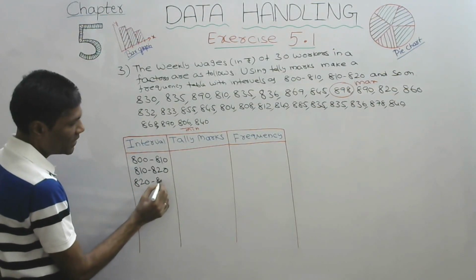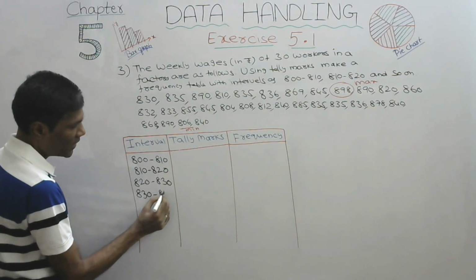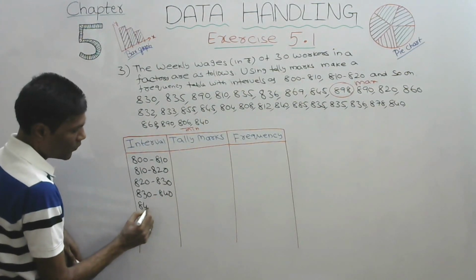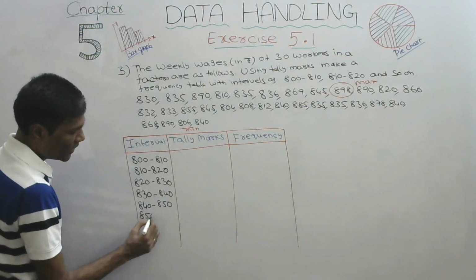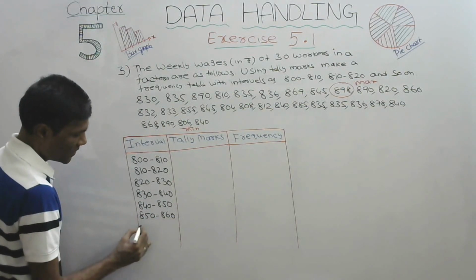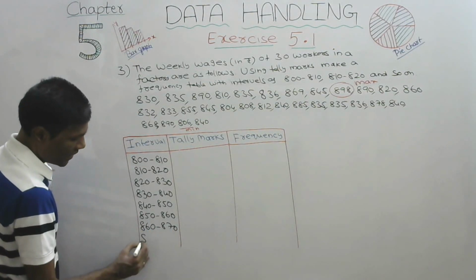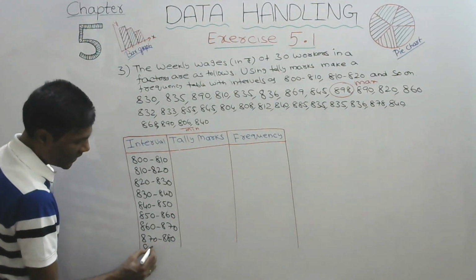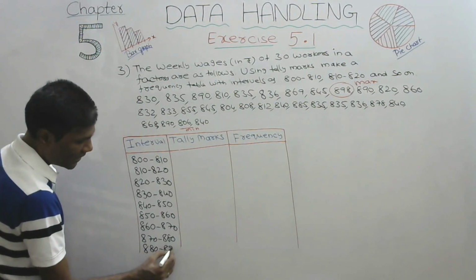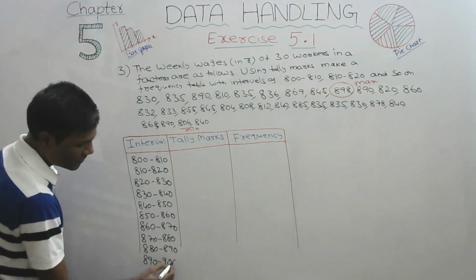820 to 830, 830 to 840, 840 to 850, 850 to 860, 860 to 870, 870 to 880, 880 to 890, 890 to 900.